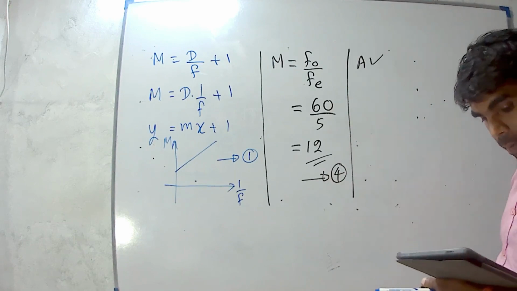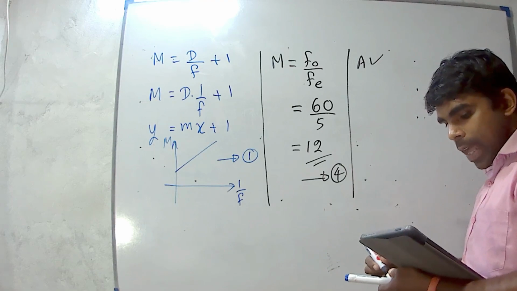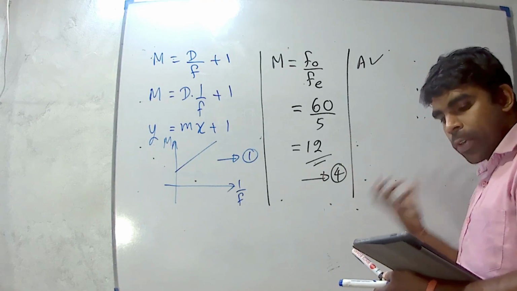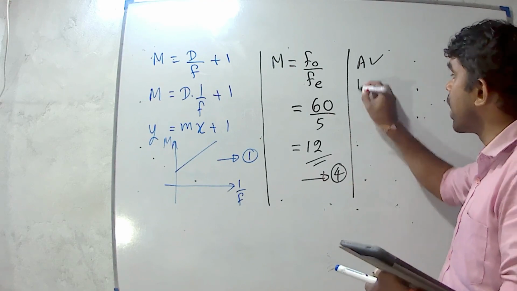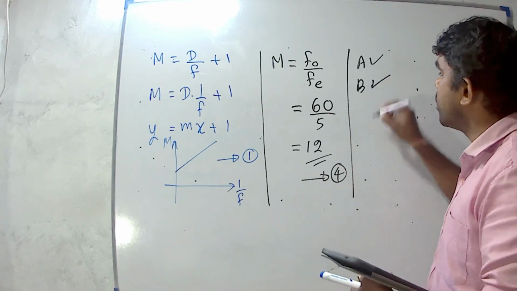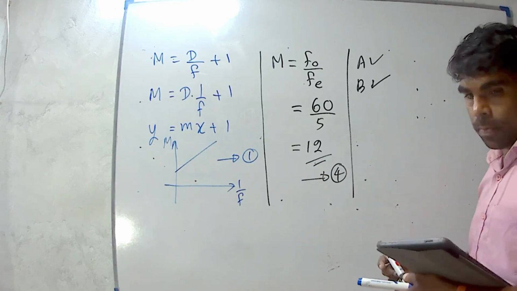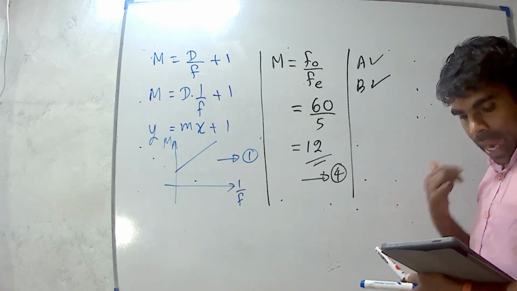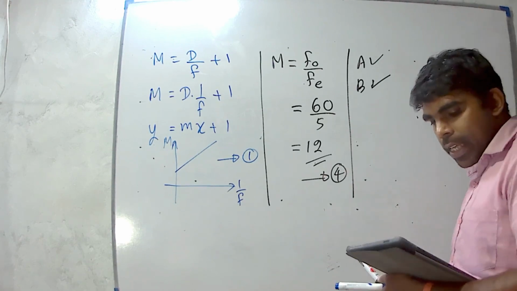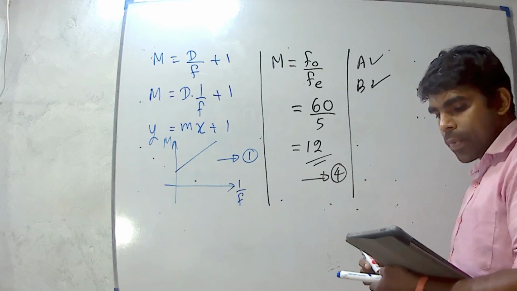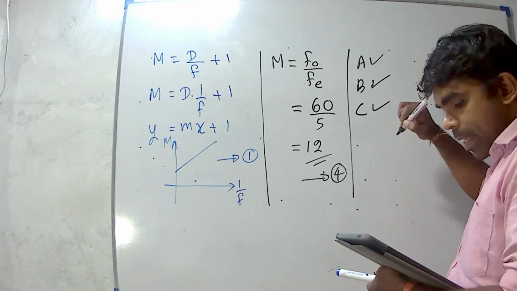Then B. To obtain high magnification, the microscope must have an objective lens of short focal length and eyepiece of long focal length. Yes, it is also correct. It is opposite to the telescope. Then C. At the normal adjustment of a telescope, separation between lenses is equal to the sum of focal lengths of the lenses. Yes, it is also correct. All A, B, C true.